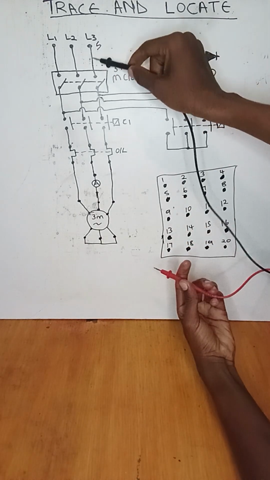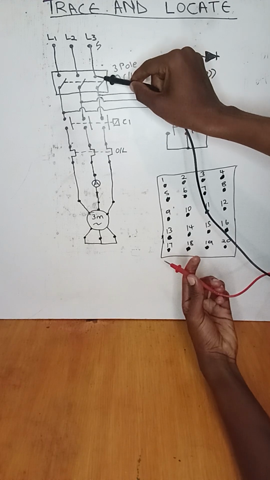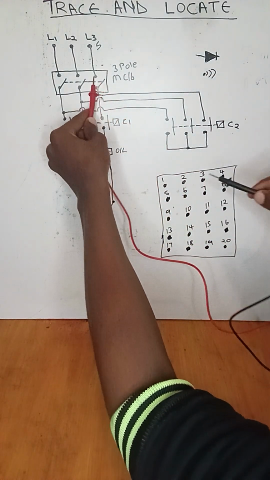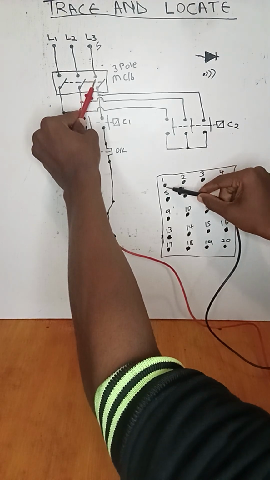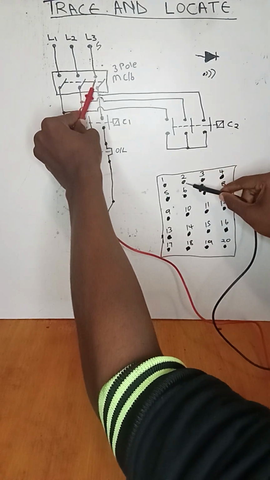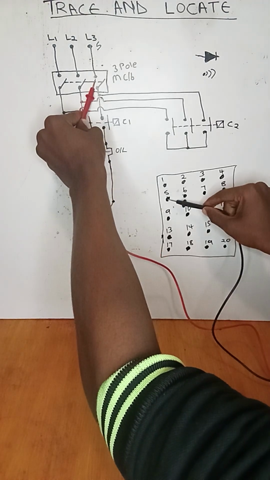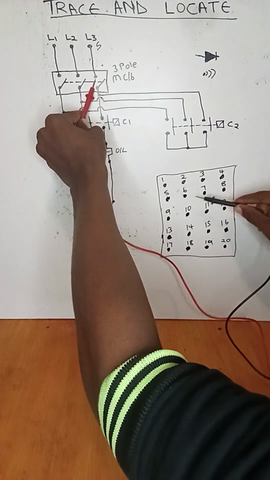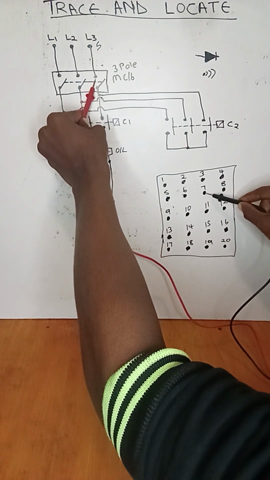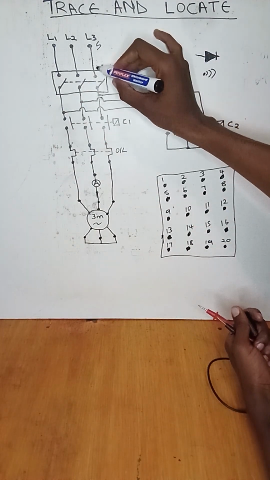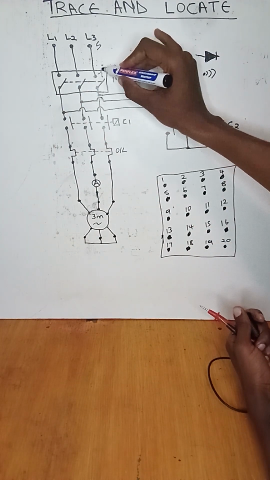Then I must find where the wire ends, which is this point. So I'll put it here and test it from here. 1, it doesn't beep. 2 doesn't beep. 3 doesn't beep. 4 doesn't beep. 5 doesn't beep. 6 doesn't beep. 7, and let's say it beeps. So this point is number 7.